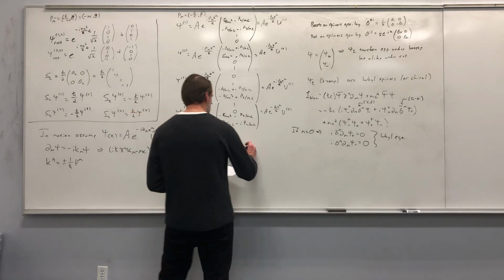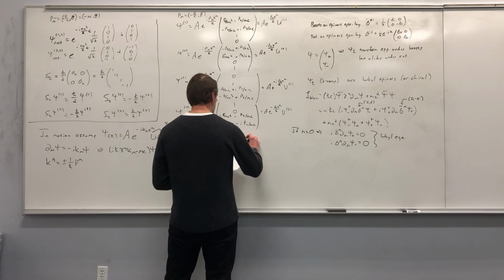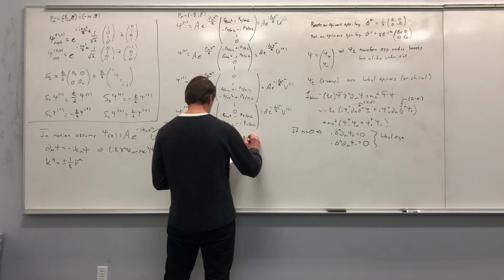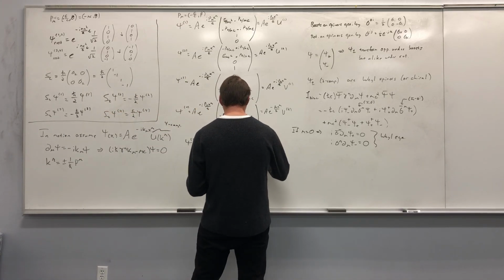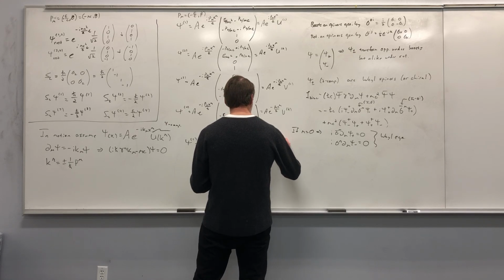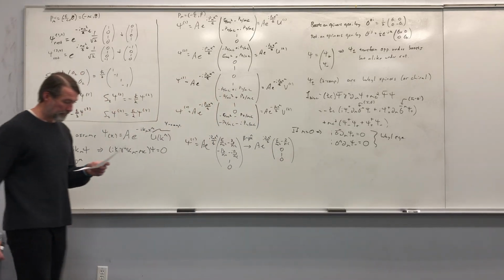If I take the momentum to be along the z direction, then of course this simplifies to A e^(i p_μ x^μ/ħ) times (E/mc² − p/mc, 0, 1, 0).